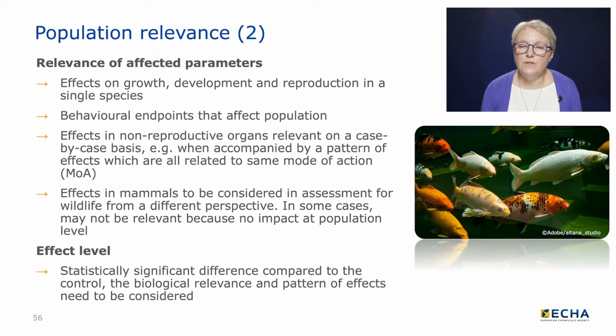It is also important to emphasize, when evaluating mammalian data, that adverse effects observed in mammals in the context of environment have to be considered from different perspectives, not as adverse effects in individual organisms, but as adverse effects in wildlife species at the level of population.